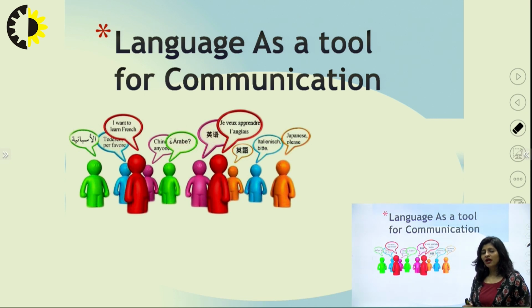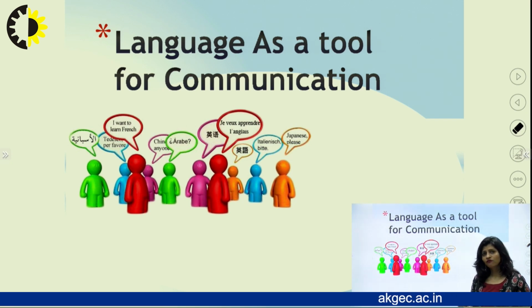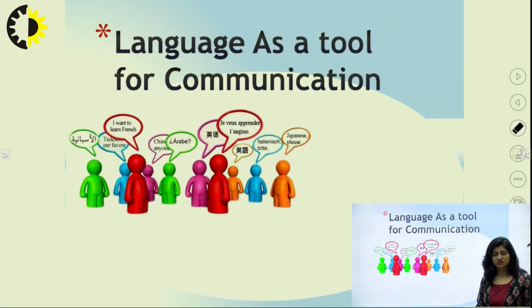Now we have observed over the years a lot of changes in the language, and ultimately it has changed the communication process. So language consists of words, symbols and signs. These are important elements of a language. If you really want to understand all these elements, then you need to understand the communication process.